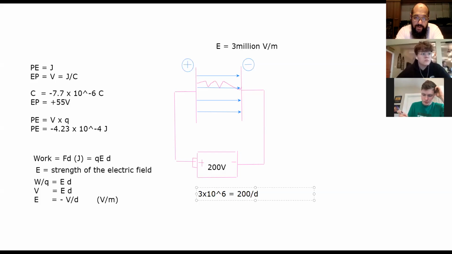And with a bit of mathematical jujitsu, you should have 200 divided by 3 million.